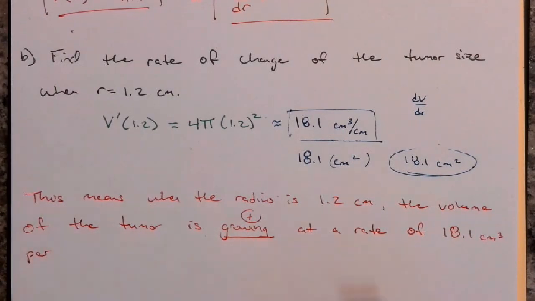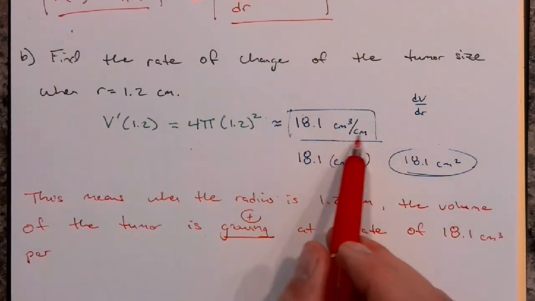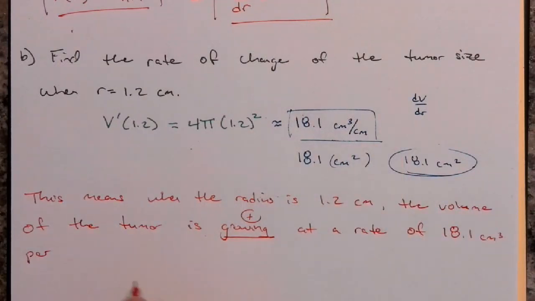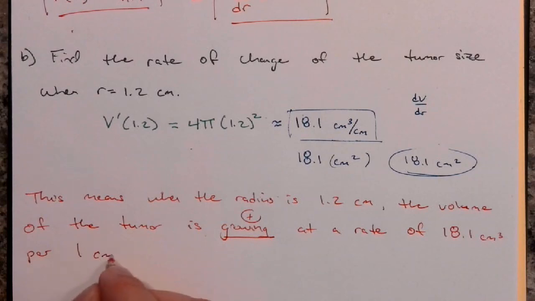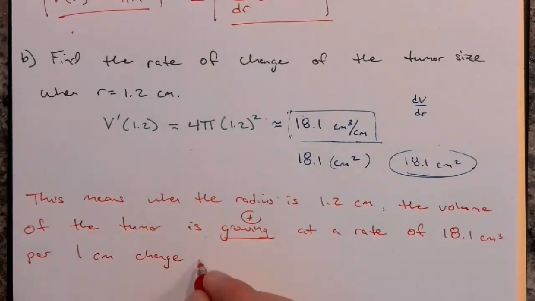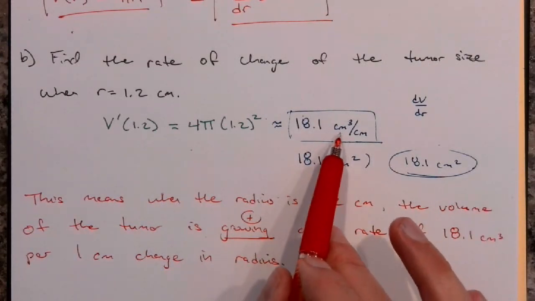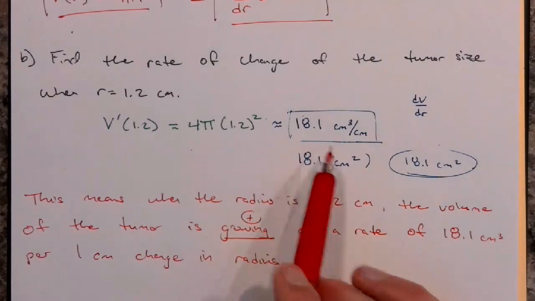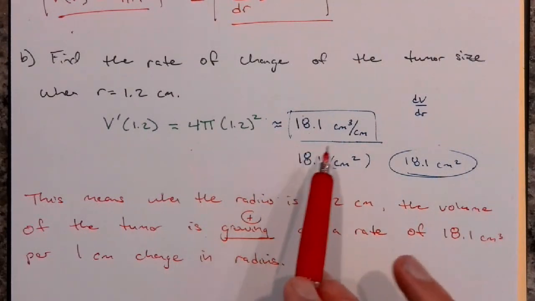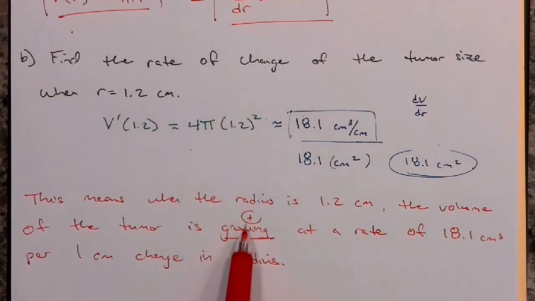per, and this is really important, centimeters cubed per what? This per centimeter means per every 1 centimeter change in radius. So per 1 centimeter change in radius. And that's why this first answer gives us the units we want to work with, because it's giving us information. First off, growing because it's positive. You have to acknowledge if this is positive or negative by saying it's either increasing or decreasing, or growing or shrinking in this circumstance.